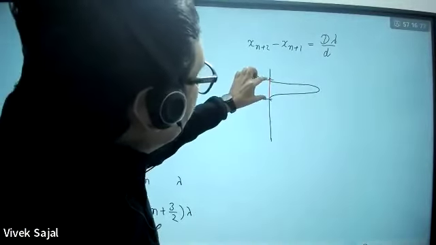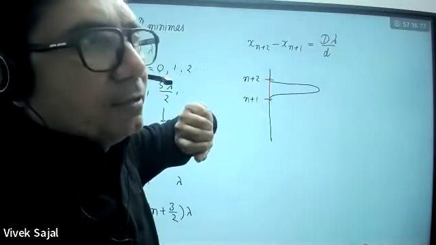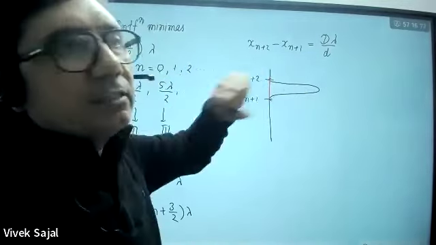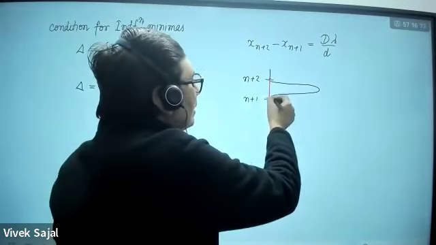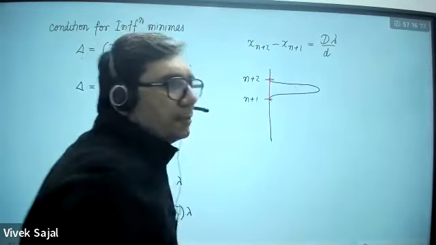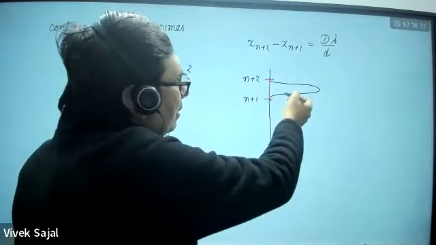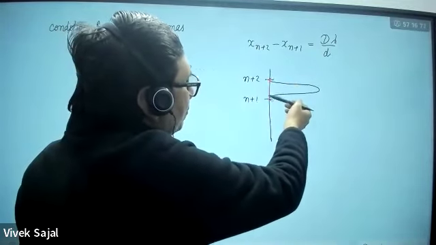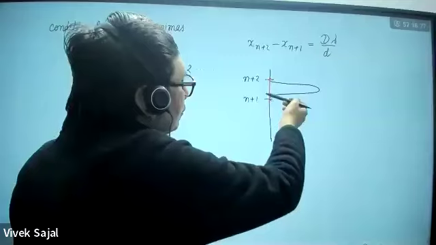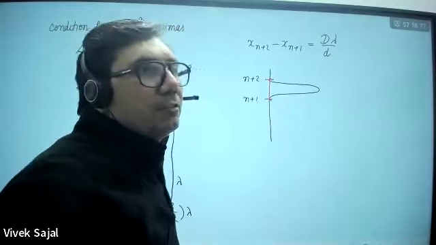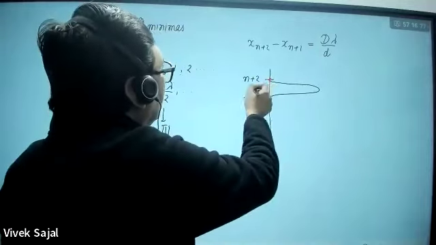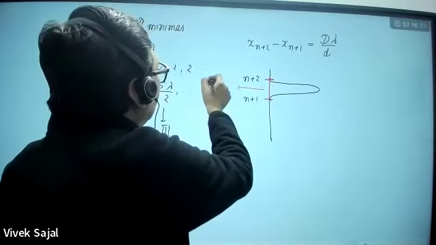And this is the width of this fringe. Here this maxima is surrounded by two minimas, so this maxima is expanded from this minima to this minima. So separation between two successive minimas is called fringe width. So you're going to call it fringe width.